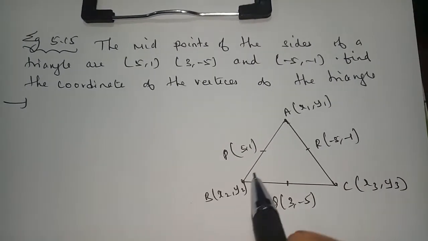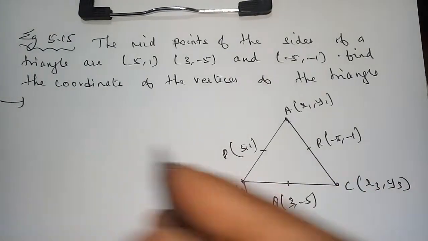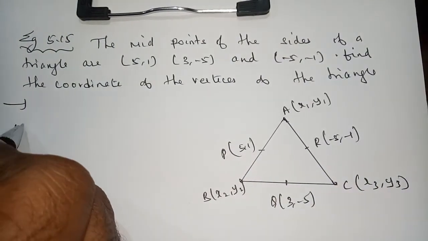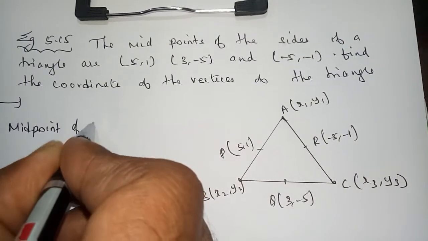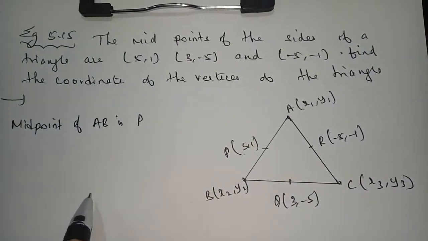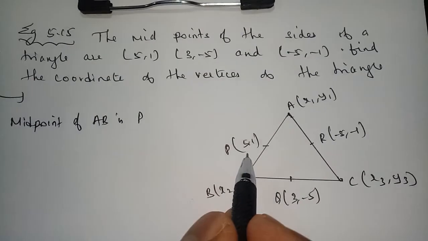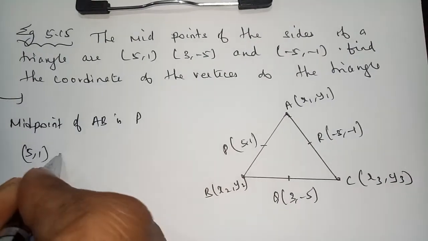With the help of the midpoint formula, we know that the midpoint of AB is P, which is (5, 1).